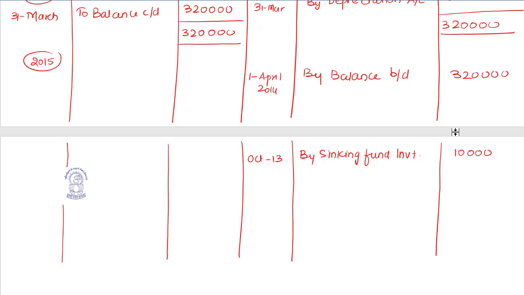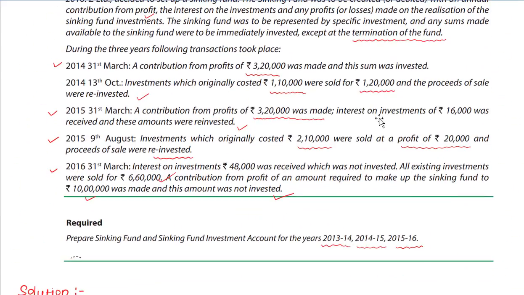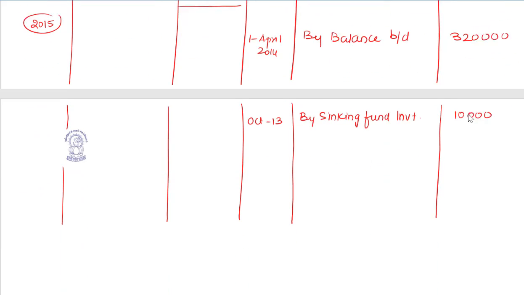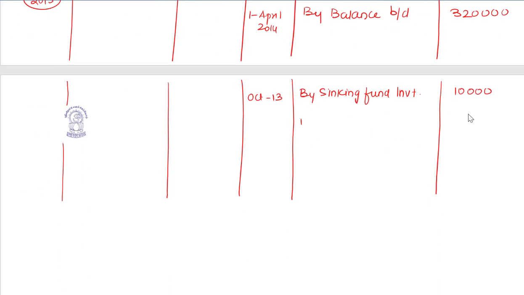So a profit of 10,000 is made. Interest on investment is 16,000, so by interest on sinking fund investment, 16,000.